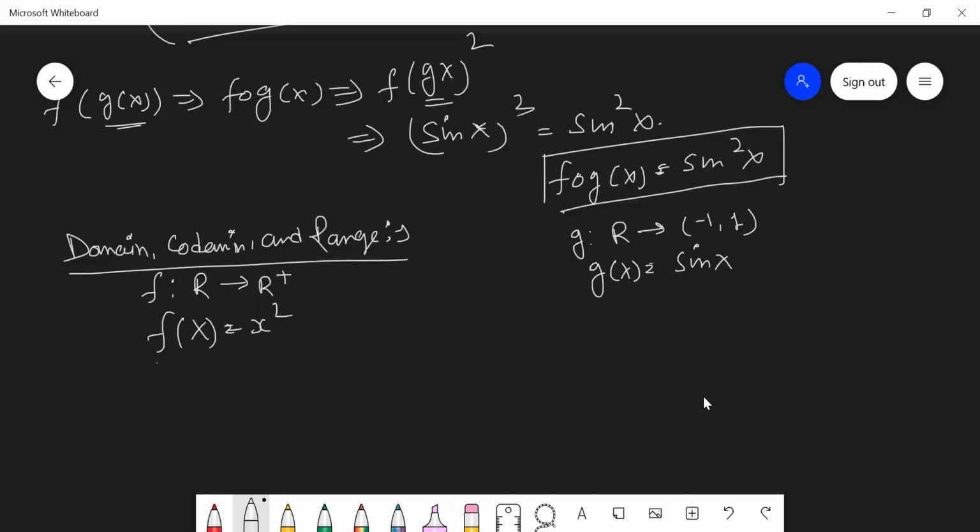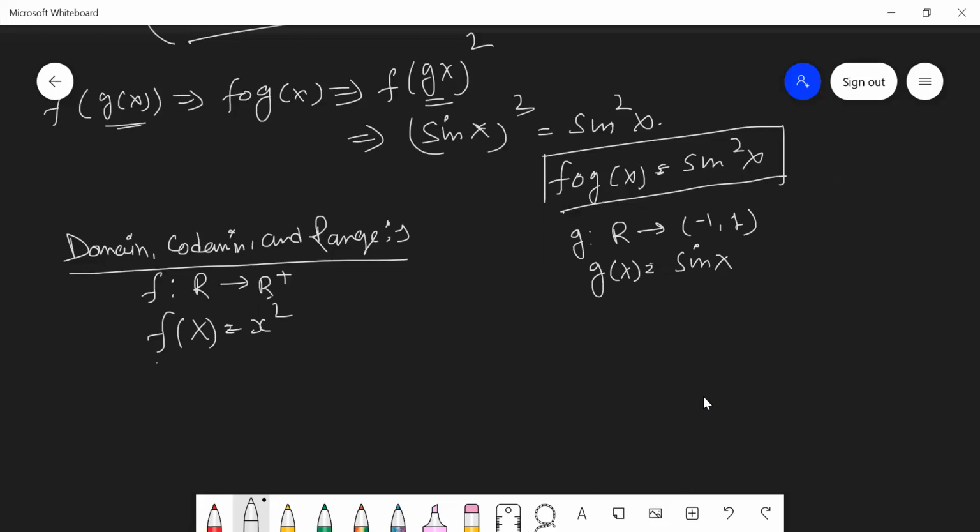Generally we take domain to codomain, but here we have taken the real domain to the range value.